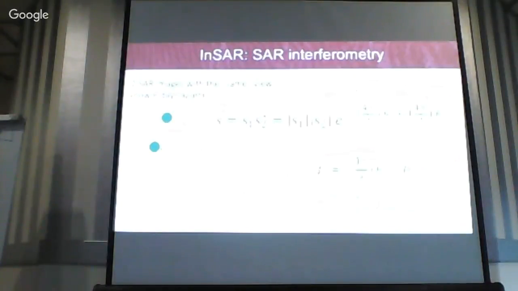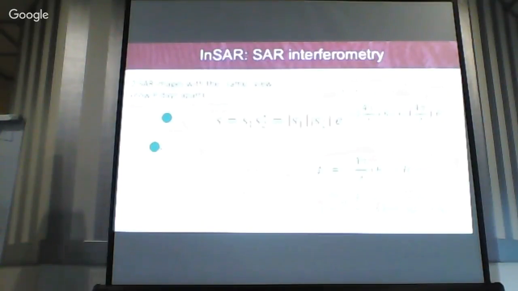When we have two images produced at different times, in this case 6 days apart, we have one image and another one 6 days later. These two images are in the same view, but of course there are some slight differences in the position of the satellite, because of perturbations in the atmosphere and many other things.